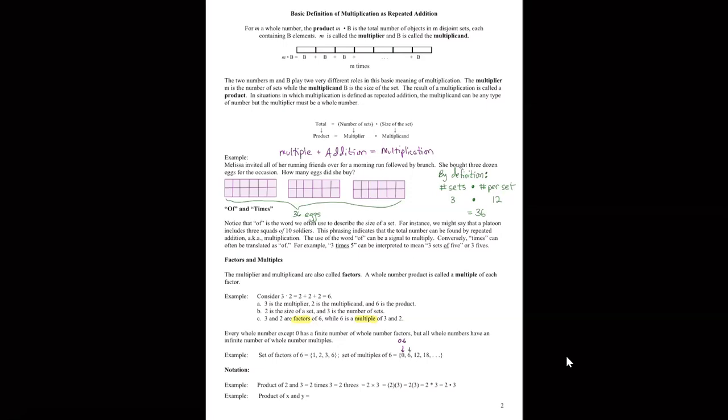This one is 1 times 6, 2 times 6, 3 times 6, and so on. So 0 is technically considered a multiple of 6. It's just not a useful multiple of 6.